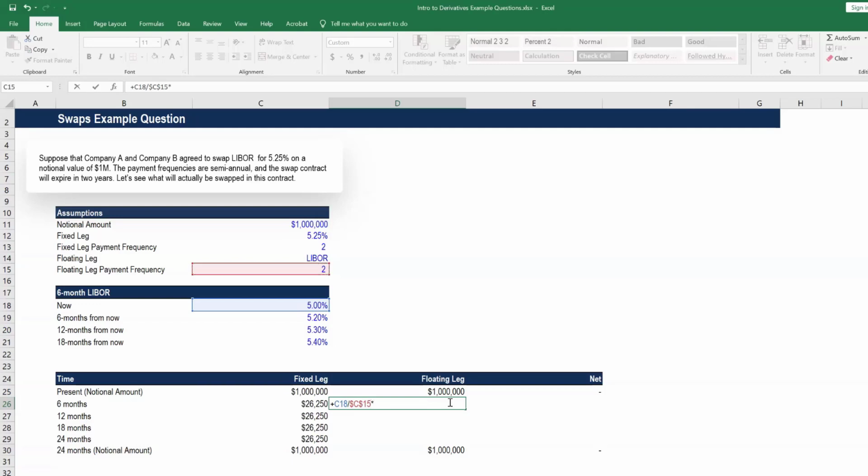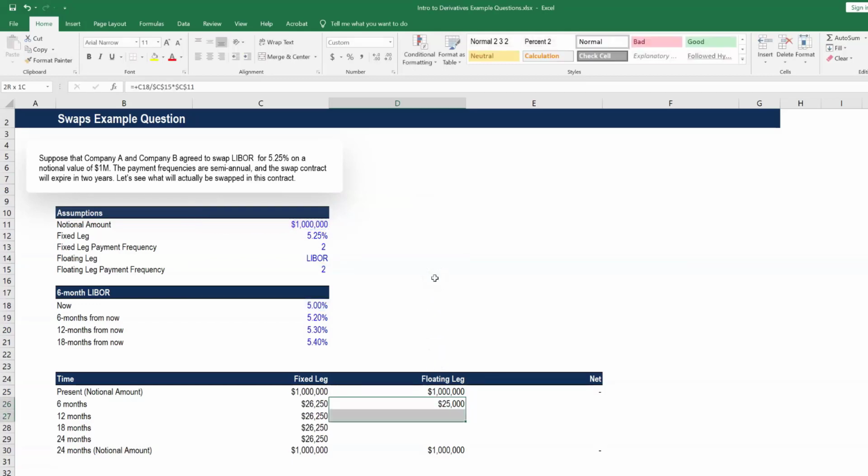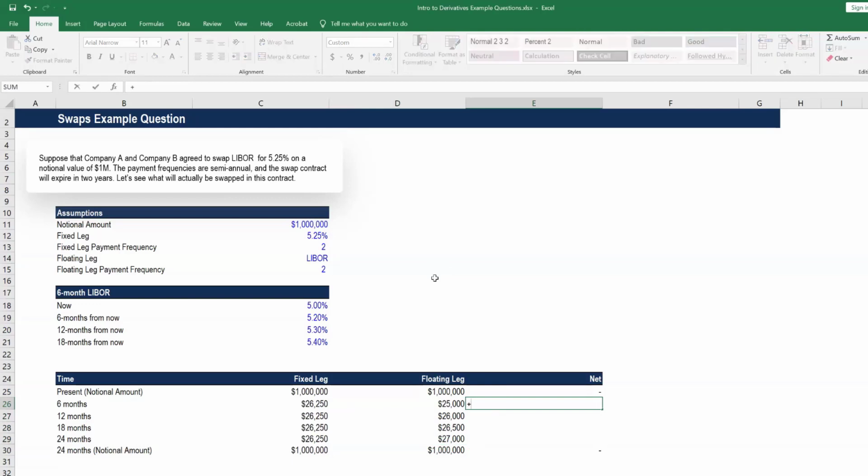And I also need to multiply it by the notional amount, which again, I need to put dollar signs there because I don't want it to move. And I'm going to copy this down. And all I need to do now is look at the differences between the two. And it's the net payments that will be exchanged between the two counterparties.